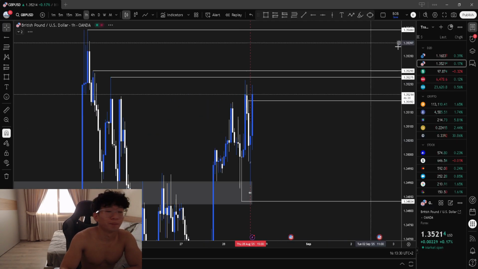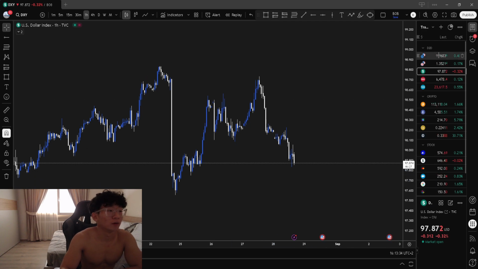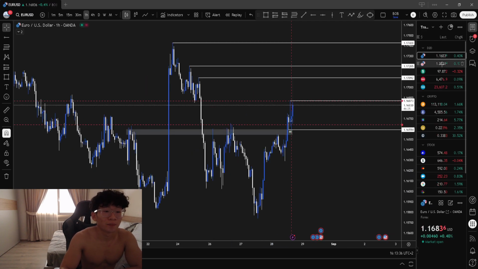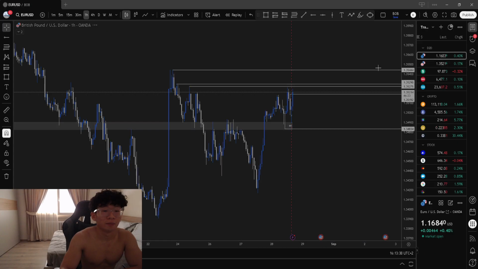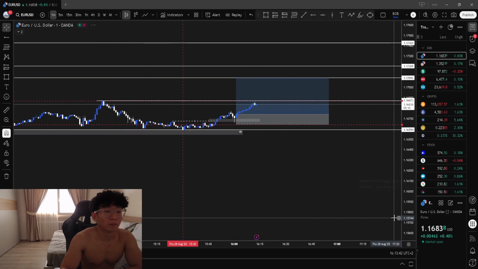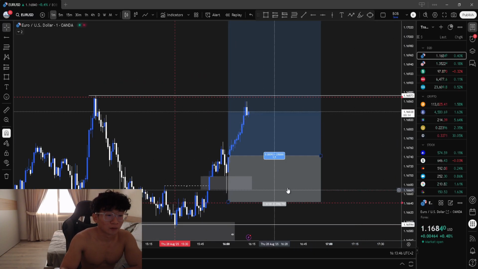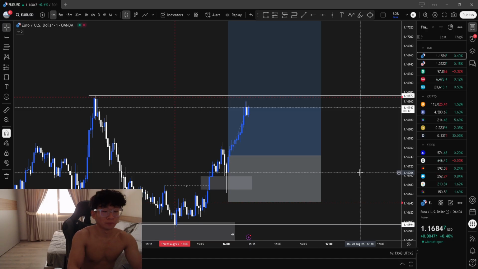Personally, since it looks very pretty on the dollar index and on both the pairs, what I'm going to do, I think, is first of all put stops at break even right now, at a 1 to 1.